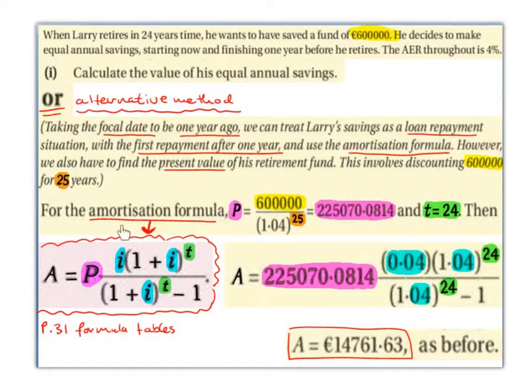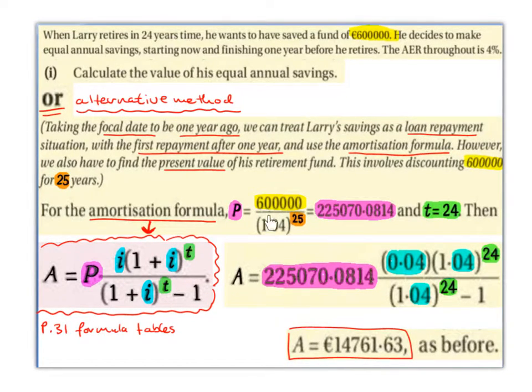So our amortization formula is on page 31 of the formula tables, and it states that A is equal to P times i times 1 plus i to the power t divided by 1 plus i to the power t minus 1. So for the amortization formula, P is going to be the 600,000, which is his savings fund, divided by 1.04 to the power of 25.